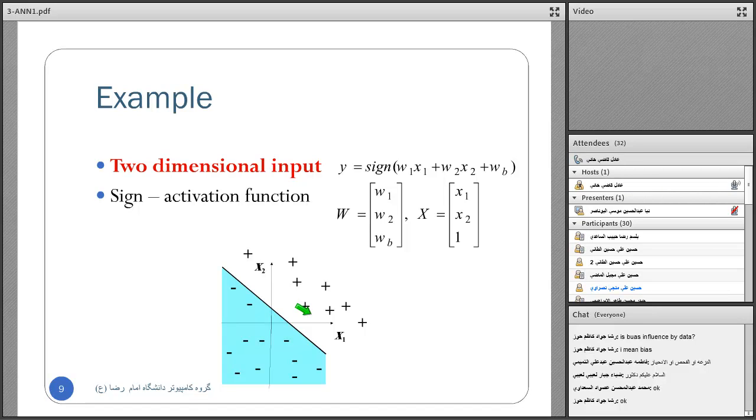So this learning model is separating the +1 data from the -1 data. The perceptron is like a line.